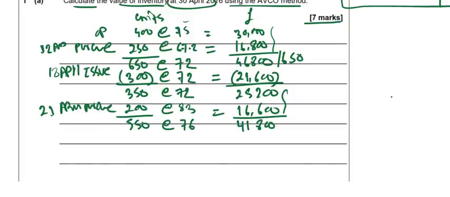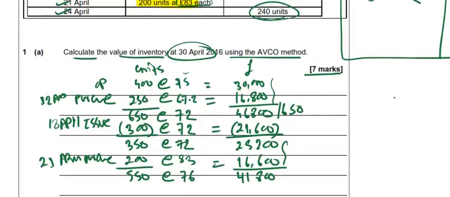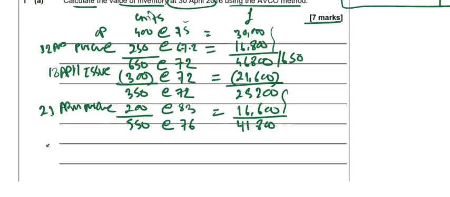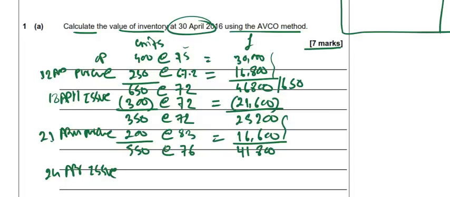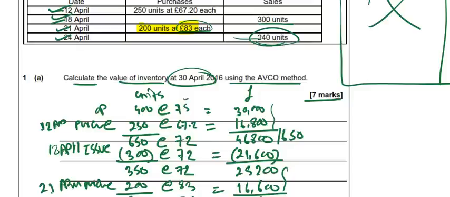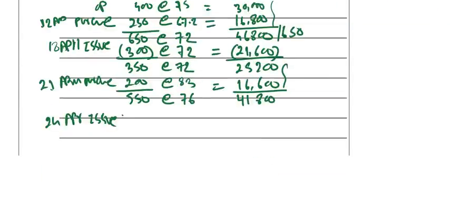It's just a presentation we're going to show here. 24 April, issue. Just checking how many items: 240. If 240 goes at 76, 18,240 is the money value.